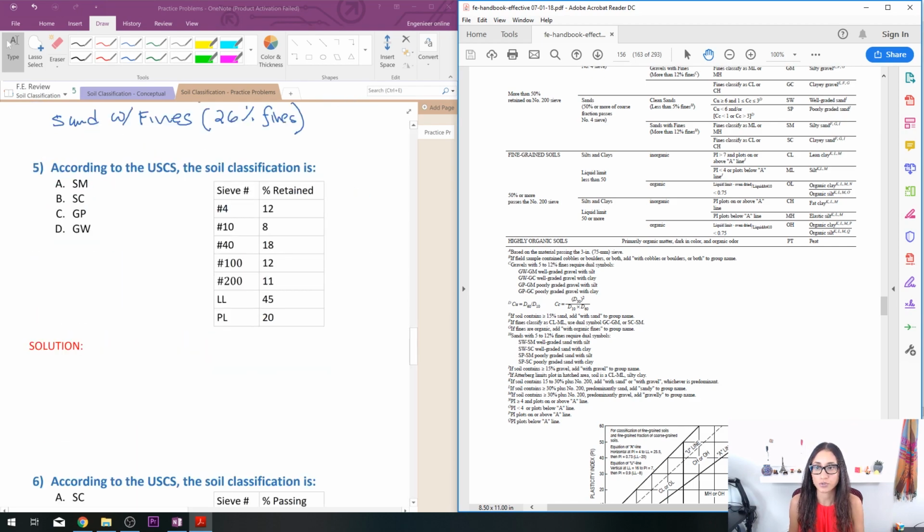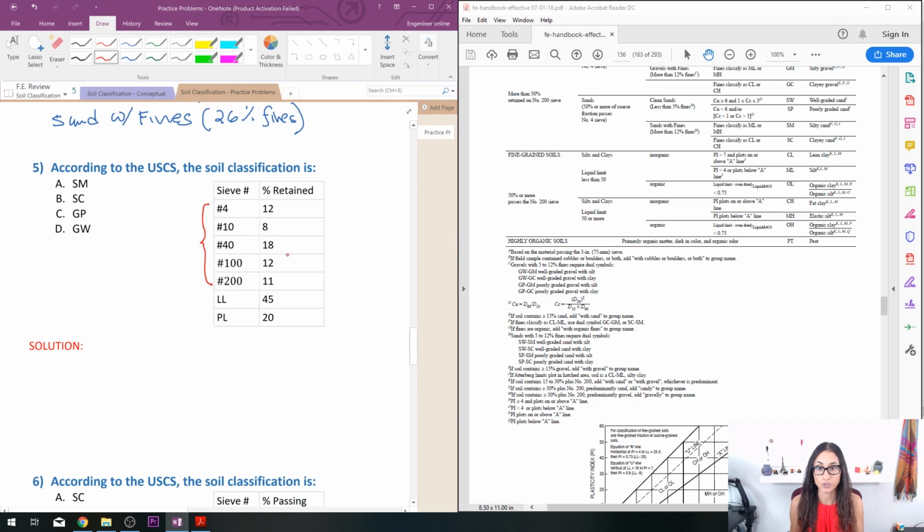According to the USCS, the soil classification is SM, SC, GP, or GW. Now, this is very similar to the previous question, except this one gives you the percentage retained. You have to be careful with this, because when you get percentage retained, you need to sum up these percentages so that we can get the number 200 sieve.